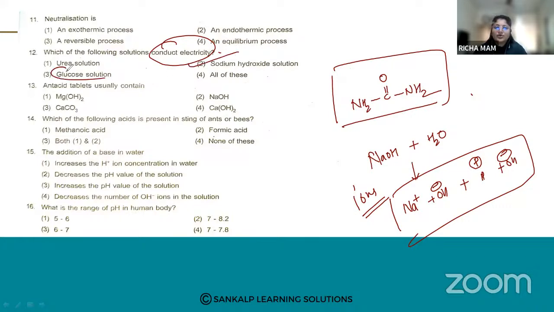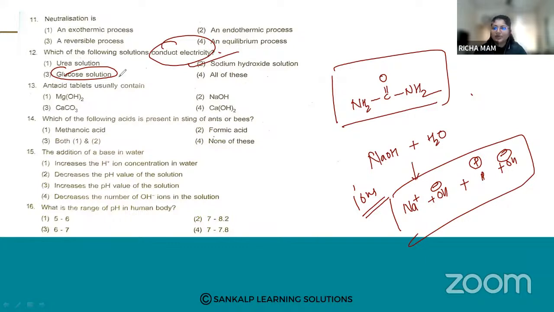So your glucose solution: is glucose an electrolyte or a non-electrolyte? It is a non-electrolyte, right? Non-electrolyte means when you add it in water, it will dissolve, but it will not dissociate into ions inside the solution.